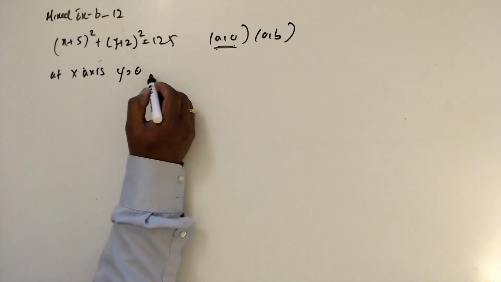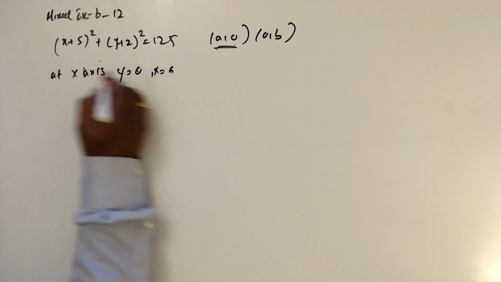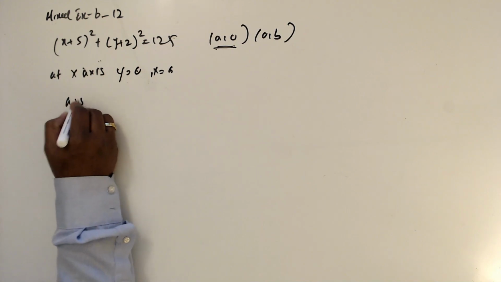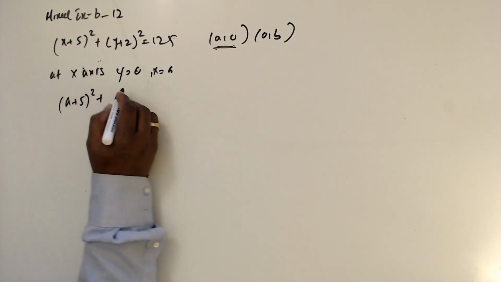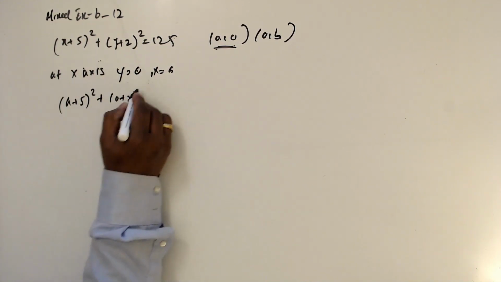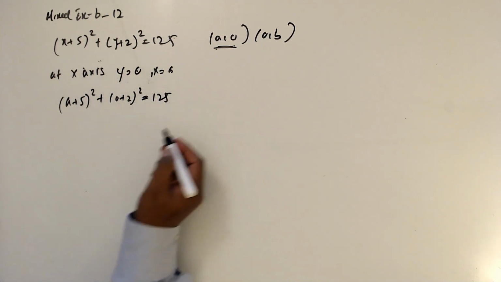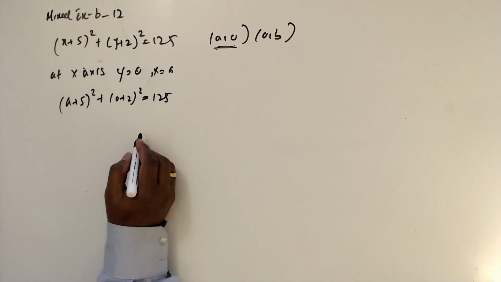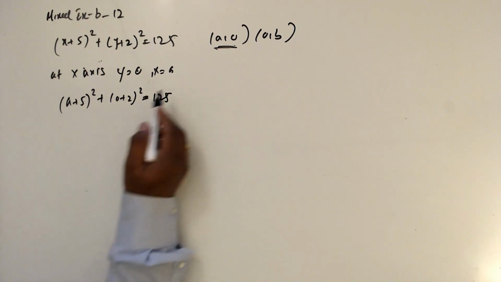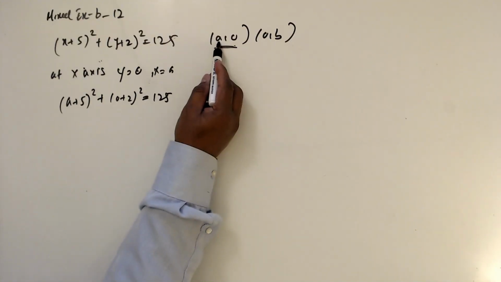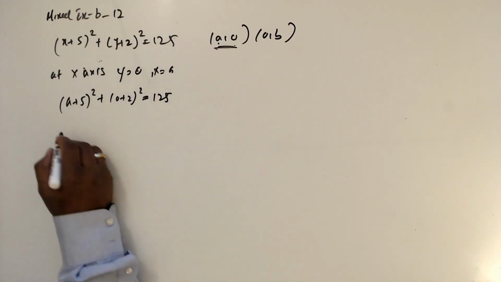Then we'll take x equal a. Then (a + 5)² + (0 + 2)² = 125. I took x equal a because the x value is given as a.